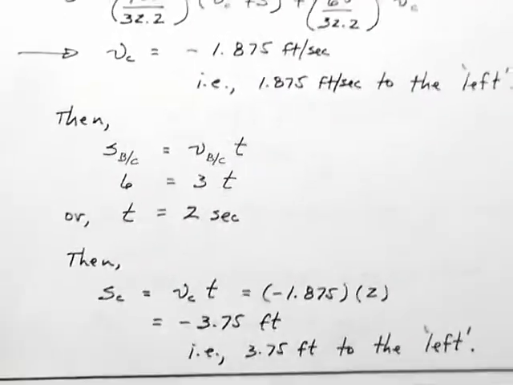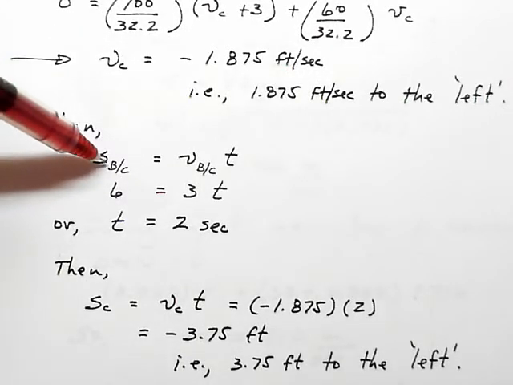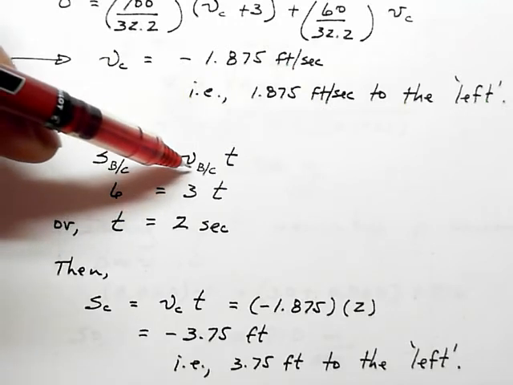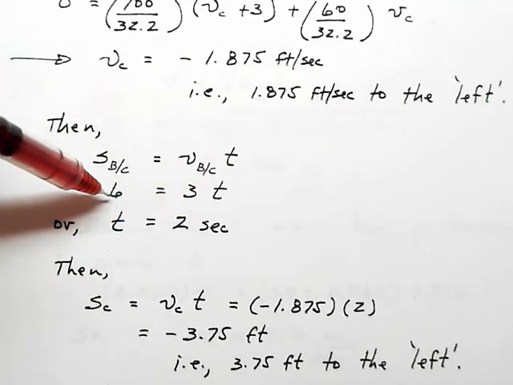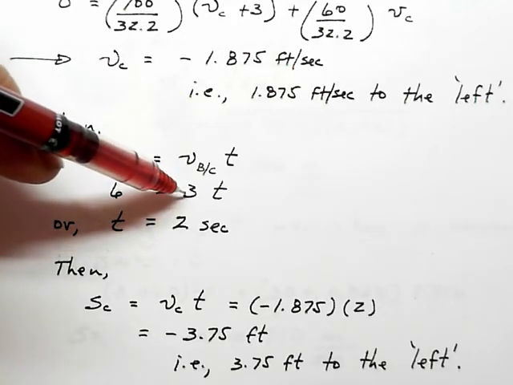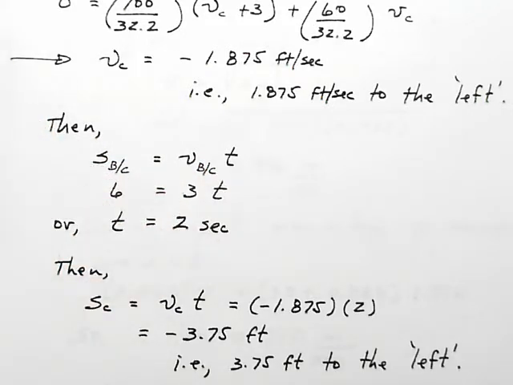And so, formalizing that problem, the distance traveled of the boy on the cart is the velocity of the boy relative to the cart times time. The distance he traveled relative to the cart was 6. The speed he traveled relative to the cart was 3, which means it took him 2 seconds to walk across that 6-foot cart at a relative speed of 3 feet per second.